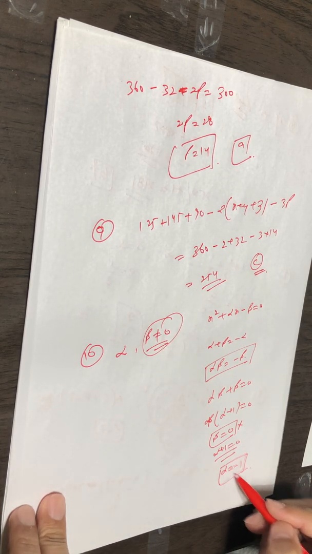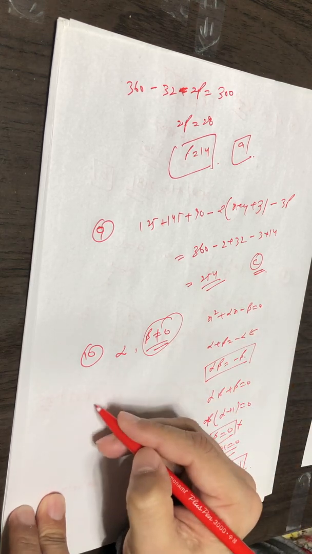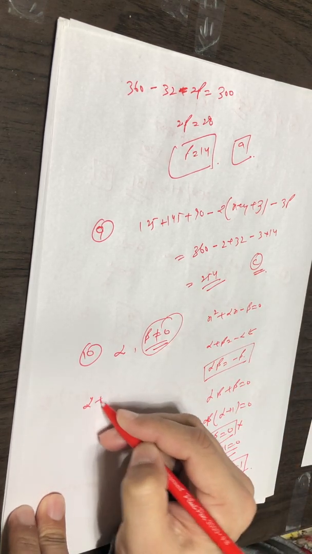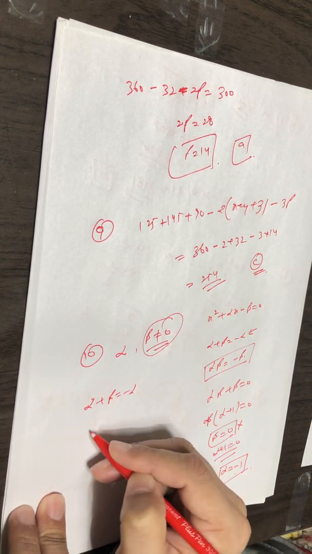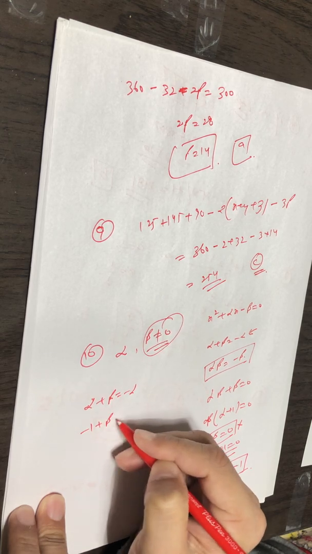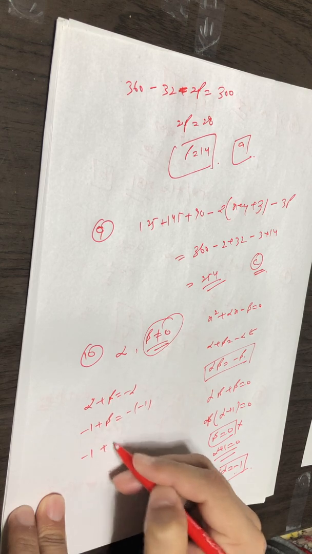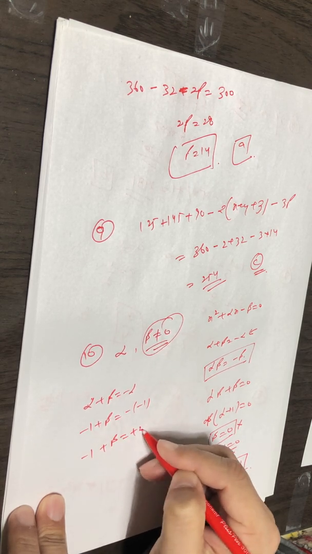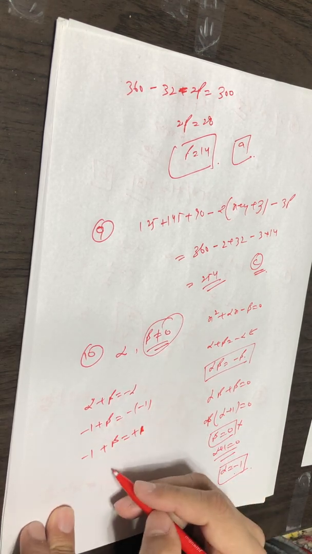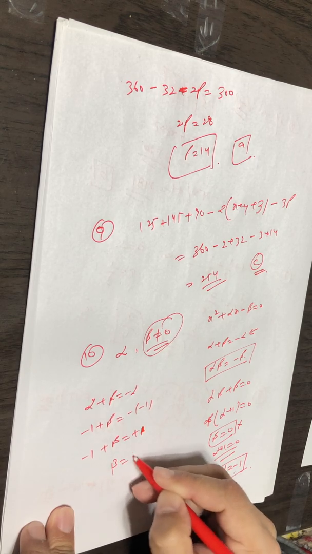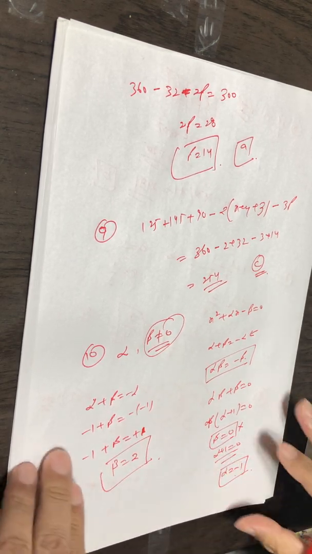So we are going to put this value in this equation, so this will be equal to minus alpha, which is minus of minus 1, plus 1. This will give beta is equal to 2. We got the value of alpha and beta.